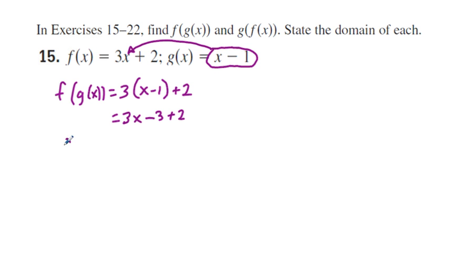So f of g of x is equal to, negative 3 plus 2 is minus 1, so 3x minus 1. And for domain, the first thing we look at is our original functions. Are there any restrictions in the original functions? No, there are not. And so our domain is going to be greater than negative infinity, less than infinity.